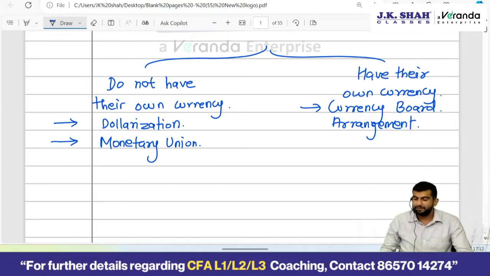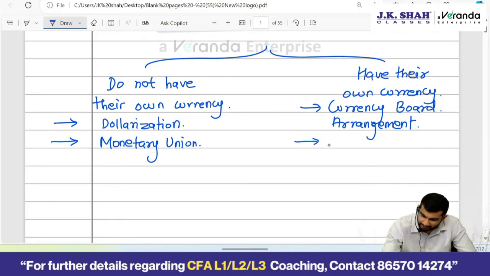Okay, now coming back to countries that have their own currency. What is that term called where UAE used to peg its currency to the US dollar? Pegging, but that had another name also. What was the jargon for it? Fixed peg. Okay.